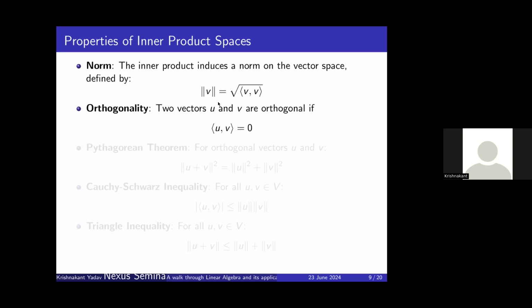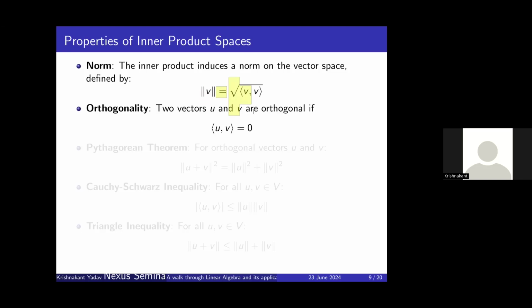This denotes the length, or the magnitude, of a vector. If the norm of a vector is unity, it is called a normalized vector or a unit vector.